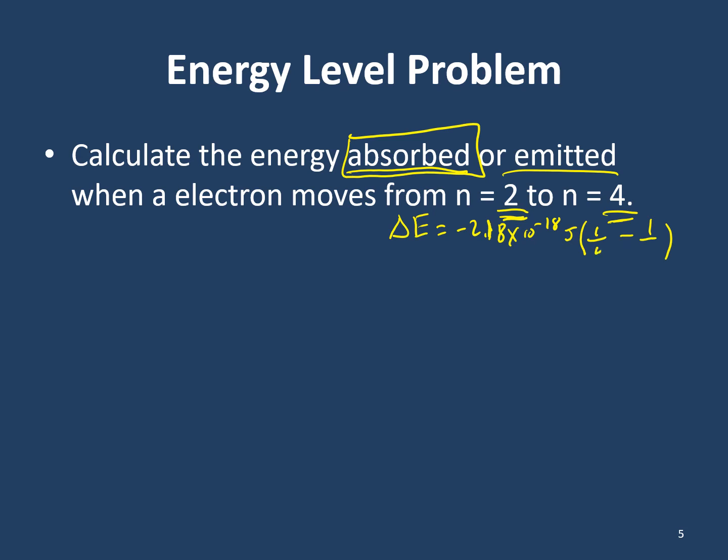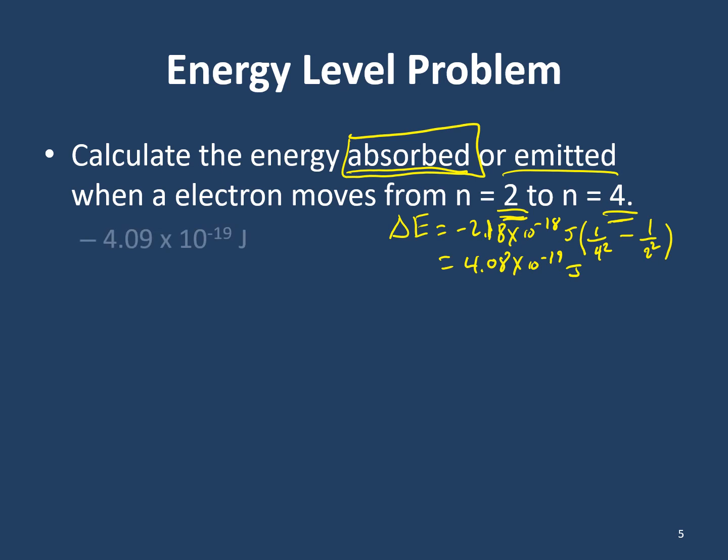Our final n value is 4. Our initial n value is 2. And so we can plug those in, square the values, right? So it's 1/16 minus 1/4 in reality. And we can get our calculated value. Now we should be expecting a positive value because, again, it's an absorption. And you get about 4.08 times 10 to the negative 19 joules.